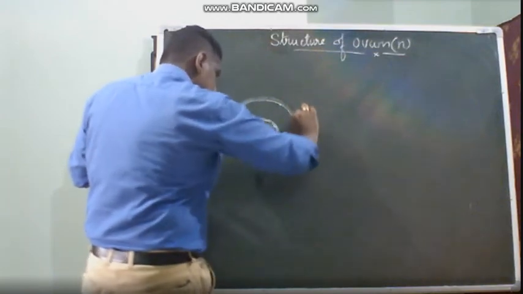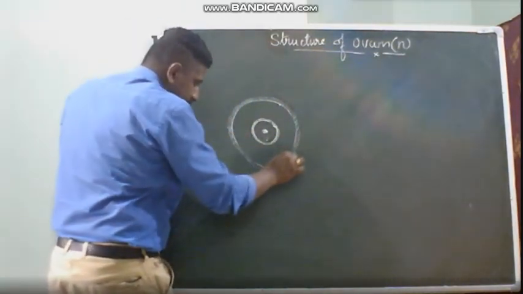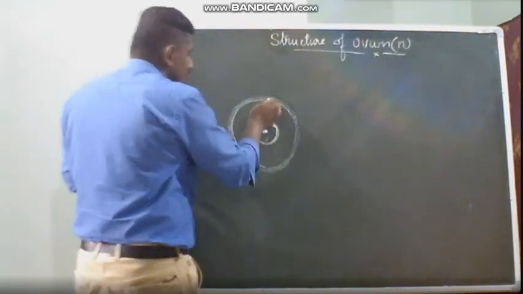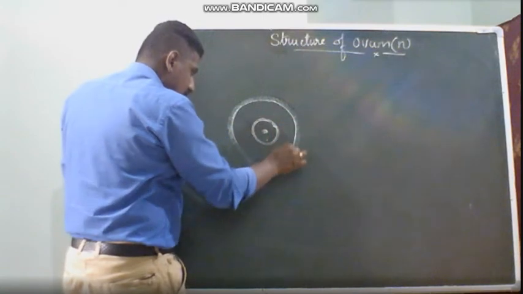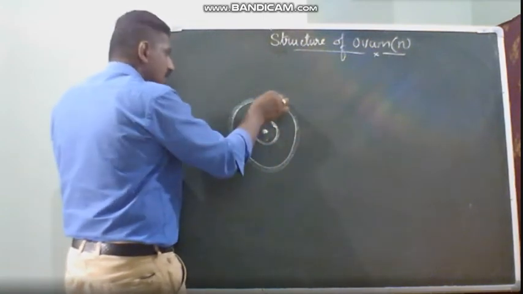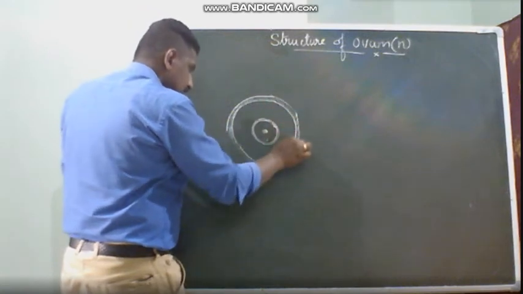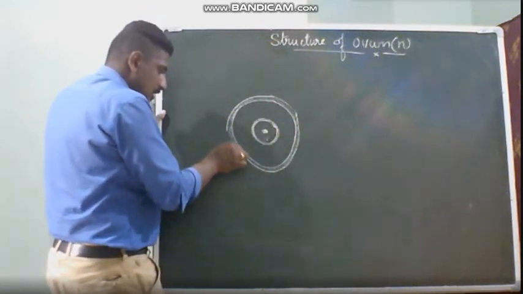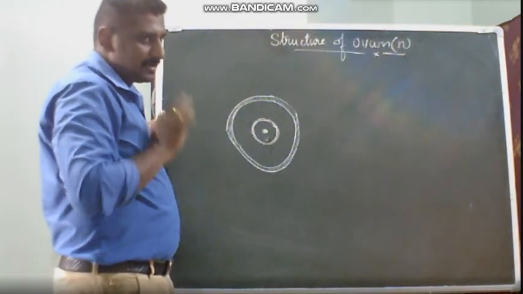You can use a 2B or 3B pencil, whichever you have, for thick marks. Don't use a tip pen, because in that you can't draw all these things in a clear manner. For labeling you can use it. So we have another membrane, and this membrane is called the vitelline membrane.